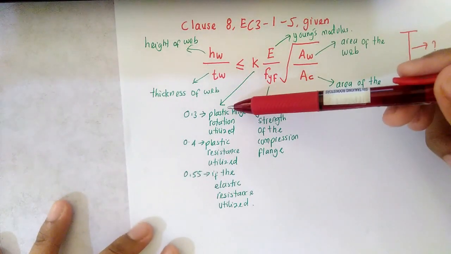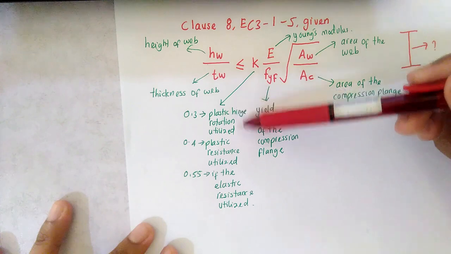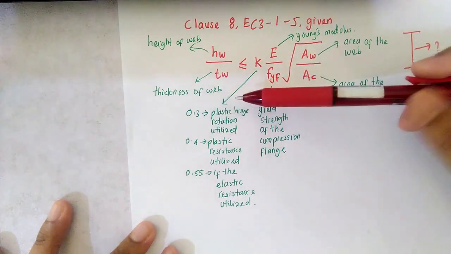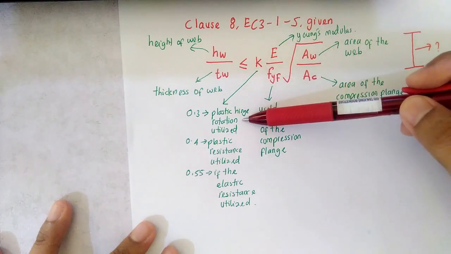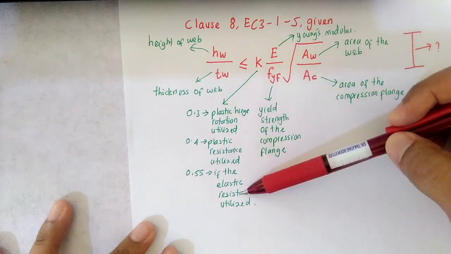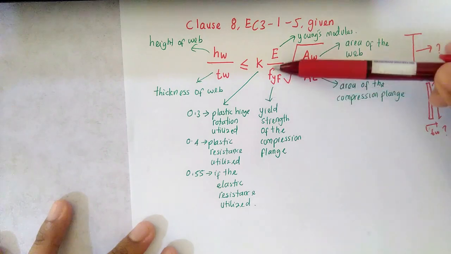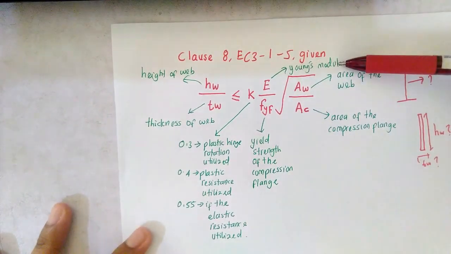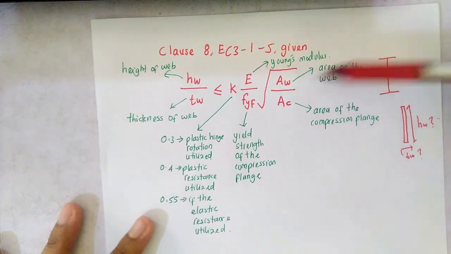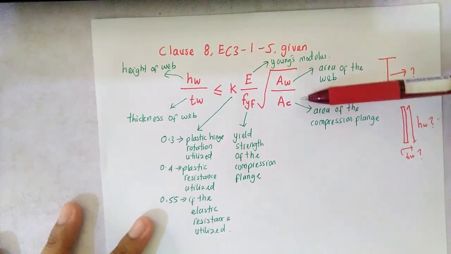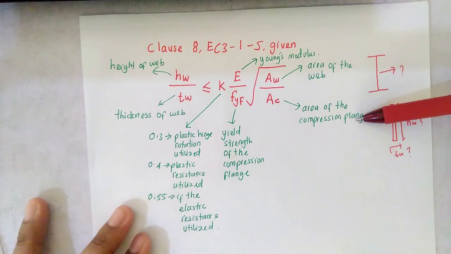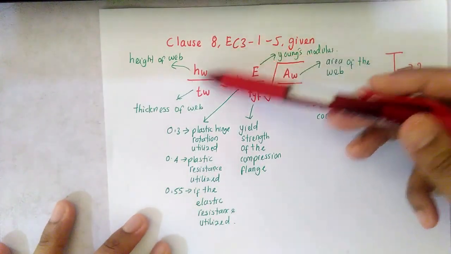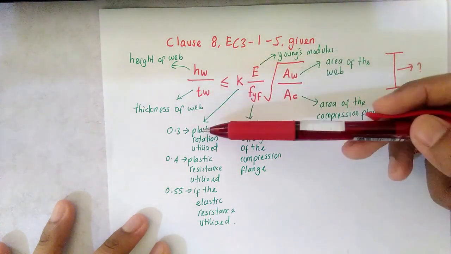If you propose class 1, class 2, or class 3, then K equals 0.3, 0.4, or 0.55. fyf is the yield strength of the compression flange, E is your Young's modulus, Aw is the area of the web, and Ac is the area of the compression flange. All right, so now let's go through the whole equations.